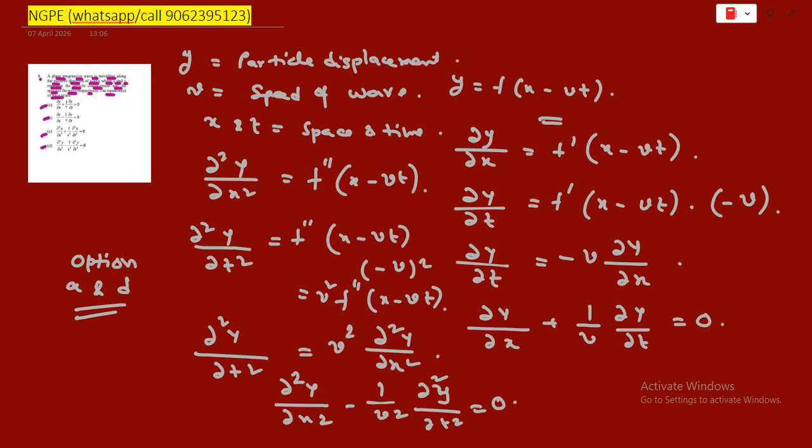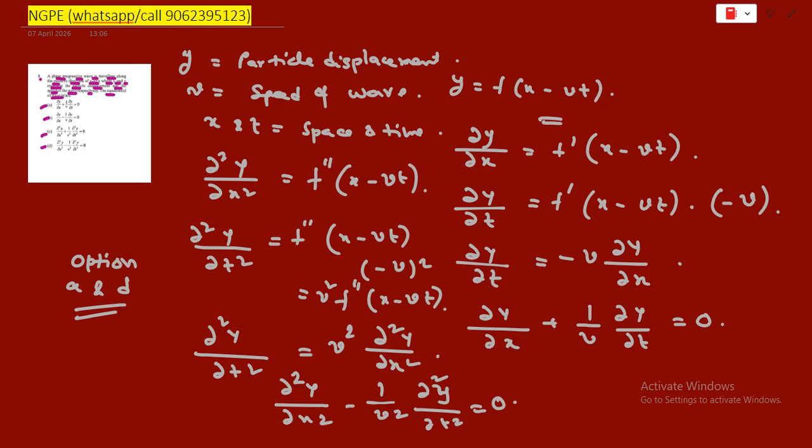So the takeaway: if you see a first order equation like option A, check the sign. If the wave moves in the plus x direction, the sign in the equation is plus. And if you see the second order equation, it's always a minus between them for a standard wave.